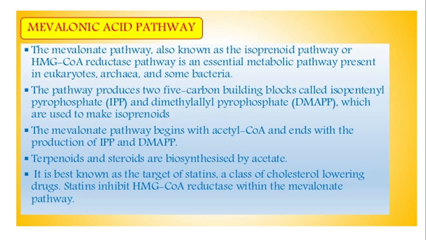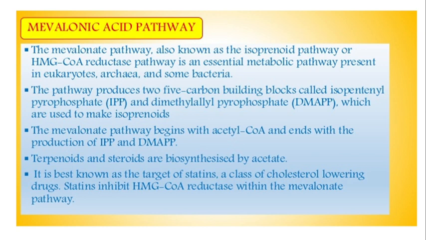Isoprenoid synthesis proceeds by condensation of isopentenyl pyrophosphate with its isomer dimethylallyl pyrophosphate to yield geranyl pyrophosphate. And from geranyl and farnesyl pyrophosphate, various types of structures can be built up.